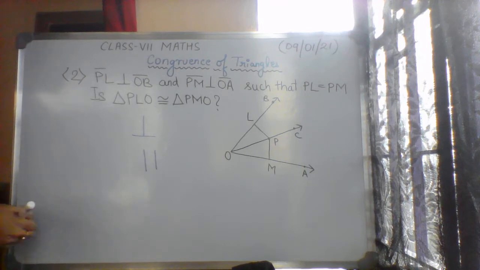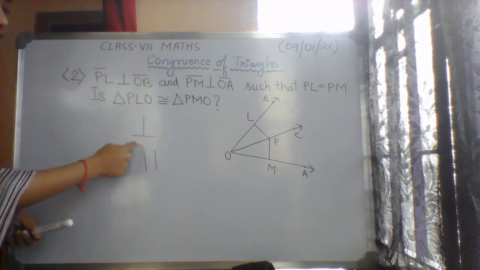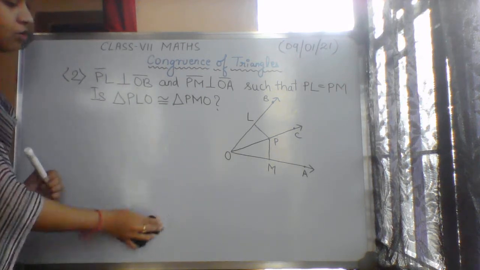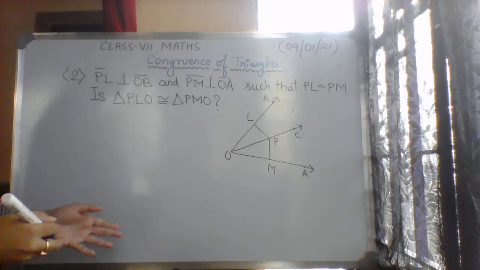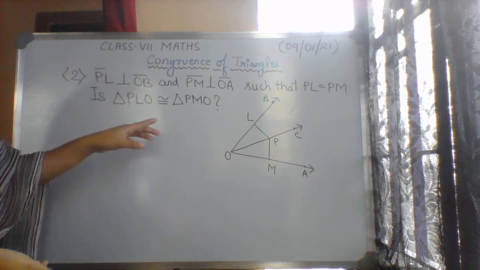Okay. So these are the two symbols. Don't forget. This is the perpendicular symbol and this is the parallel symbol. Okay. And is the meaning of parallel and perpendicular clear to you? Okay. Let's see. If it is not clear also, let it be clear through this question.